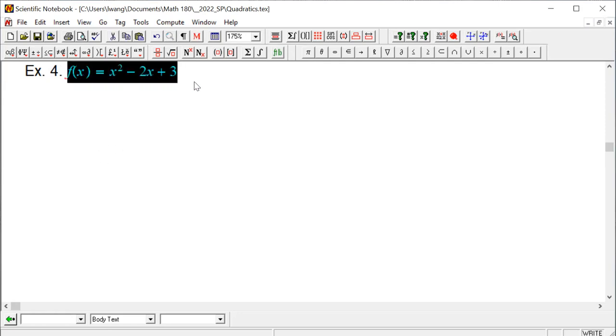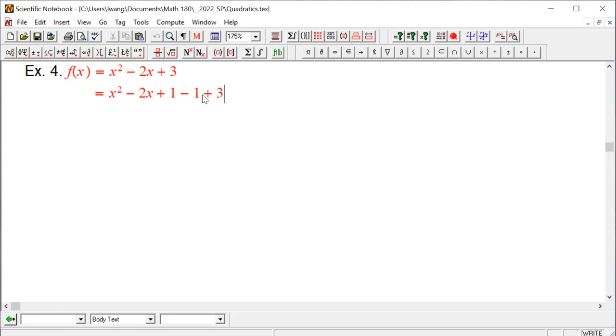So what this does is that we're going to use the mathematical principle number 1. What we do here is x squared minus 2x plus 1 minus 1 and then plus 3.